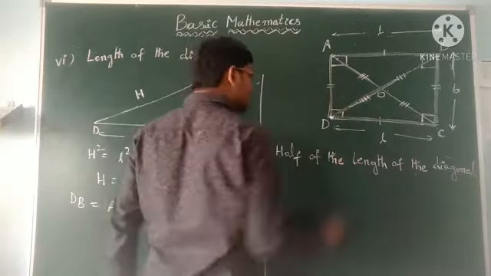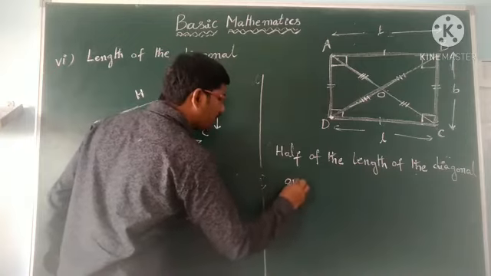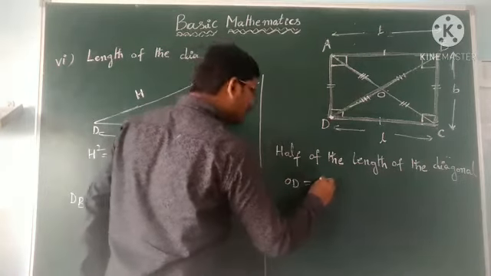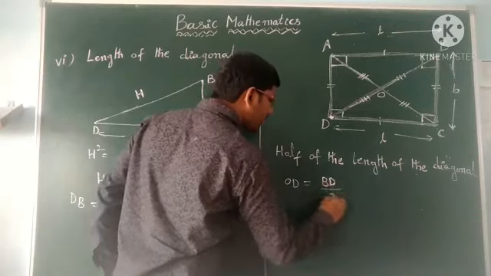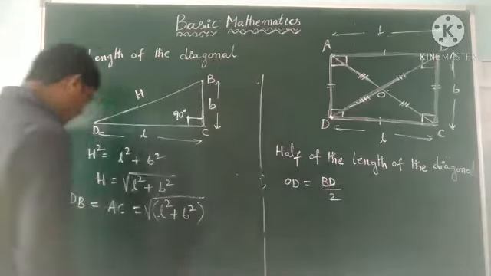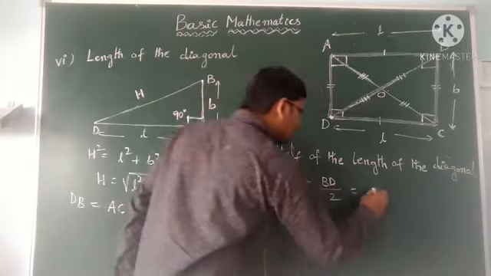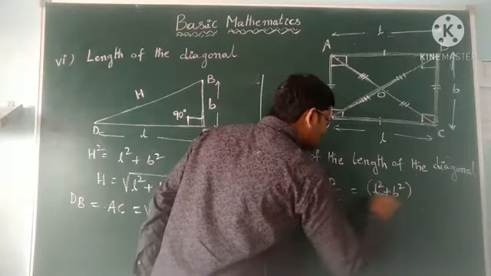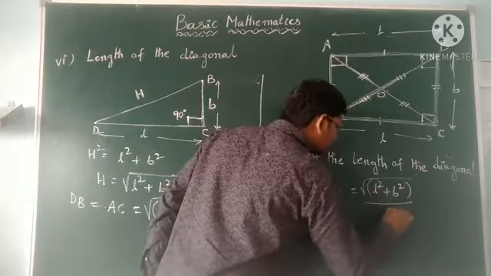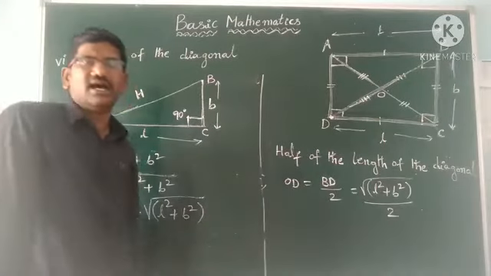The total length is DB. Half of the length of the diagonal is OD. That OD is equal to BD by 2, or AC by 2. What is its value? Root over L square plus B square, divided by 2, is half of the length of the diagonal.